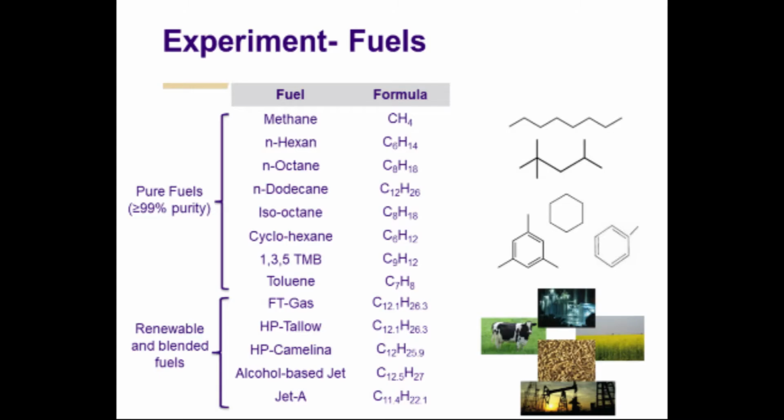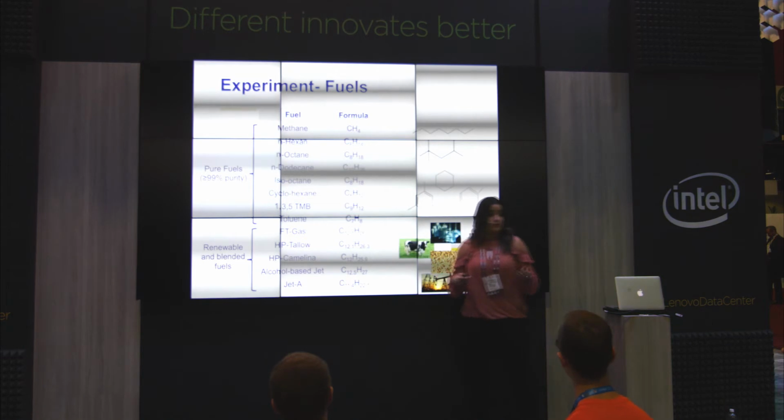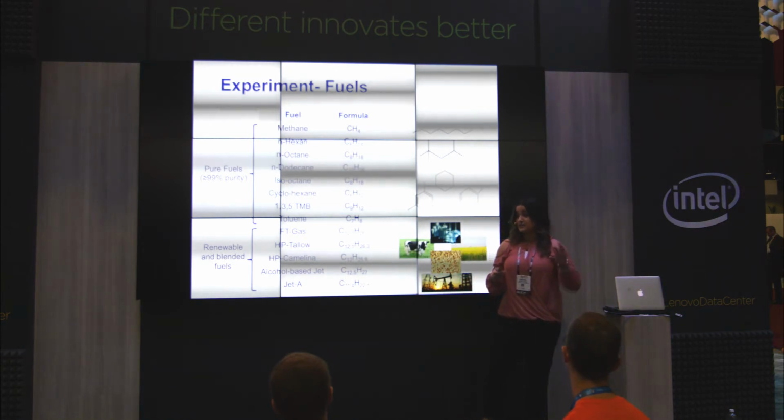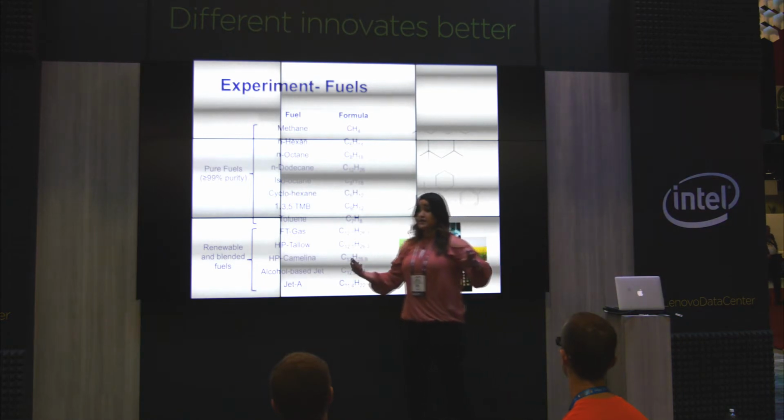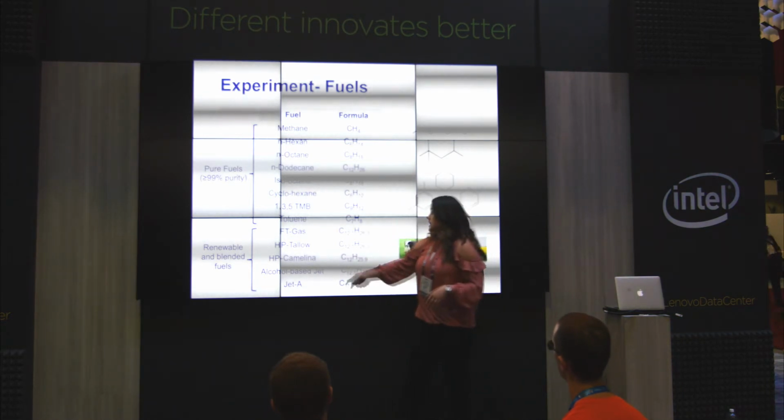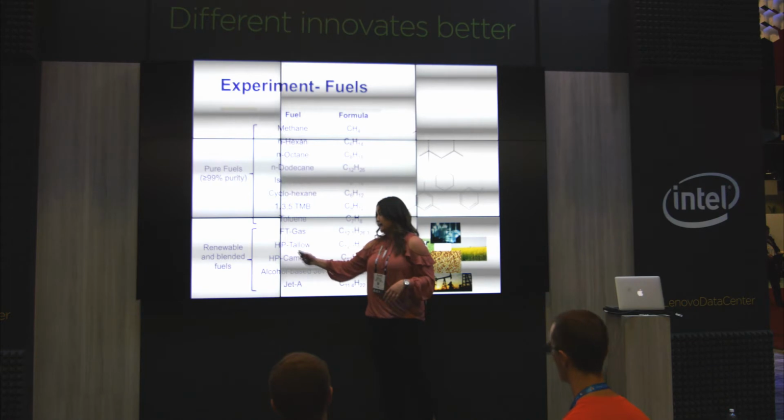We work with different fuels. Some of the fuels are pure fuels, and the other ones are some of the renewable fuels that we talked about. For example, FT gas is made by Fischer-Tropsch process of natural gas. We have a gaseous fuel, we turn it into a liquid fuel, and we can burn it in our jets. The other type of fuels is HP tallow and camelina.